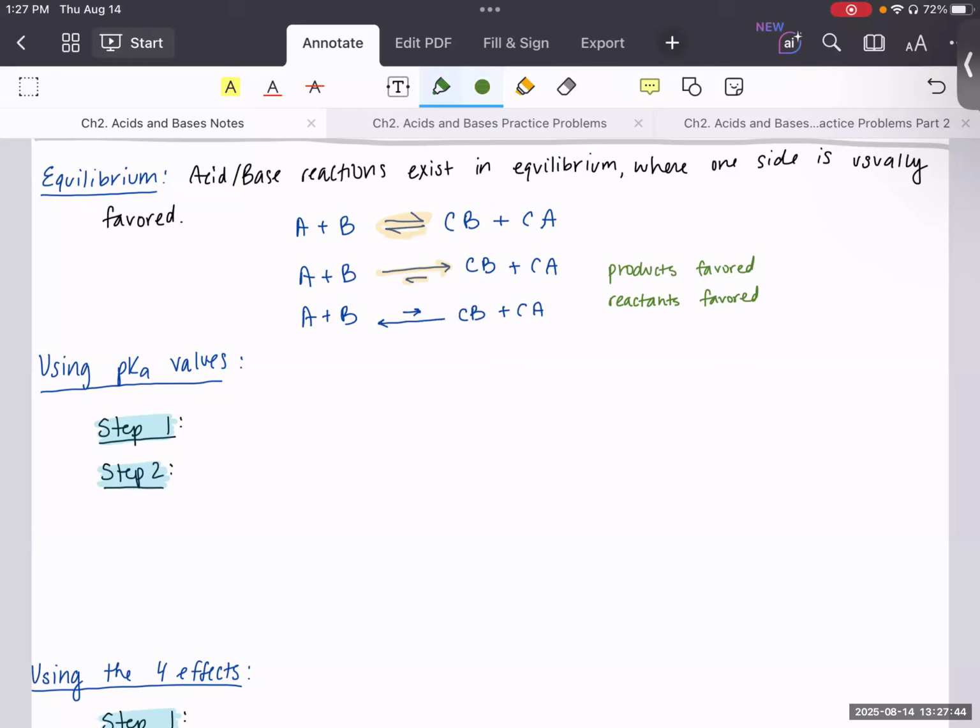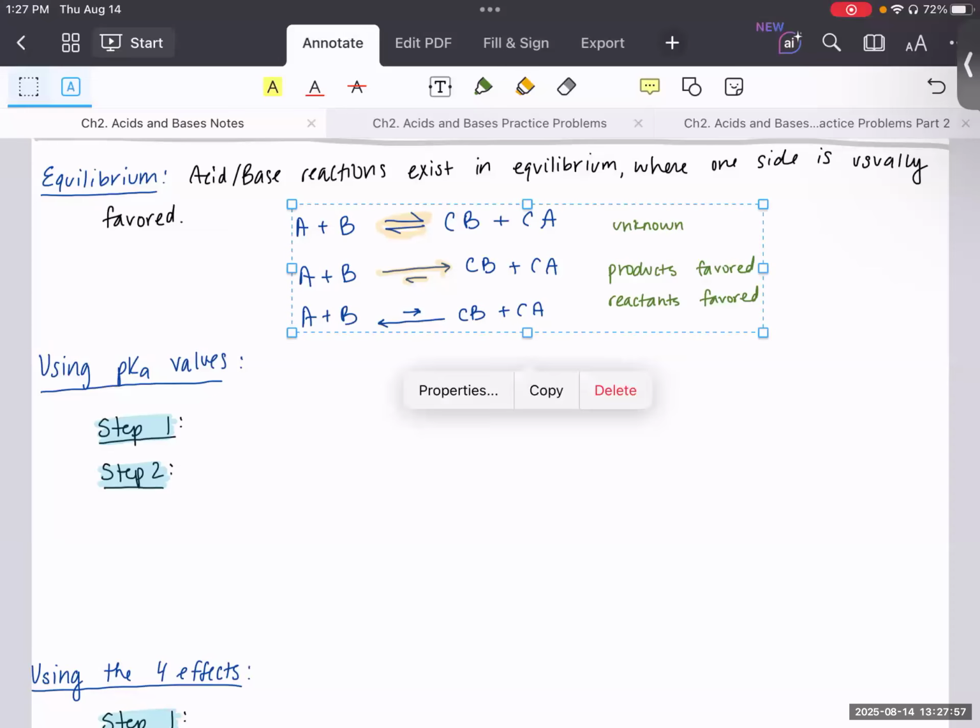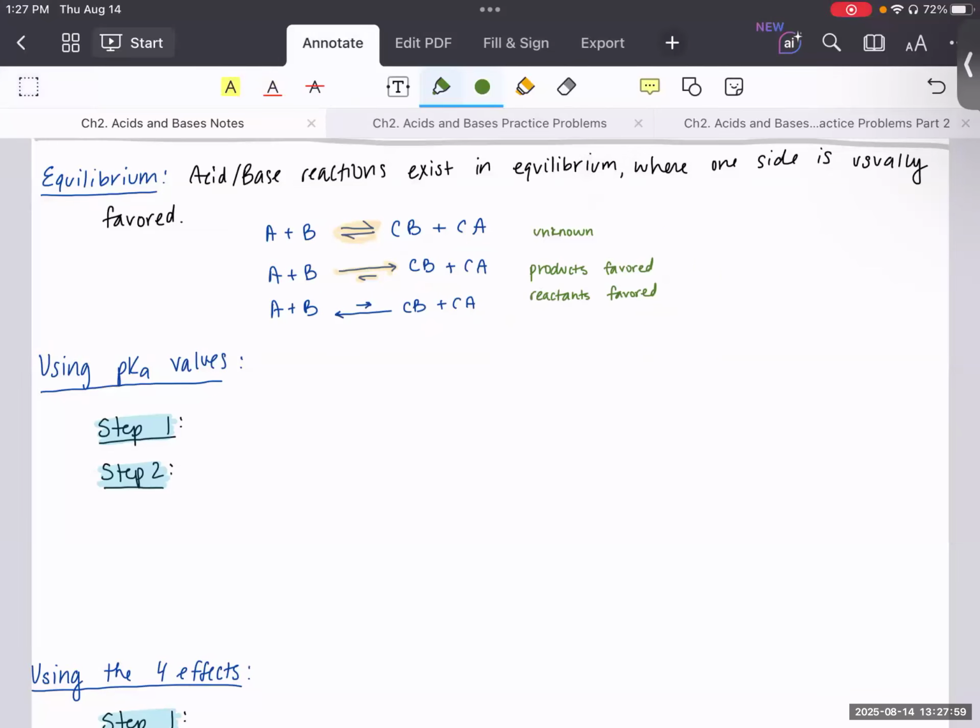And then if the equilibrium isn't known, so if we don't actually know which side is favored, we could just draw them as equal. Okay. And so to determine which side is favored, so either the products or the reactants, we have a few different methods that we could use.